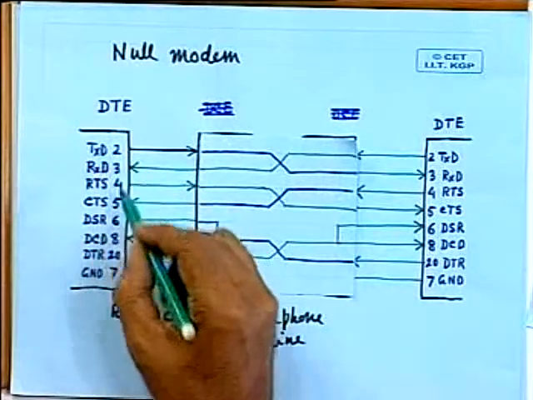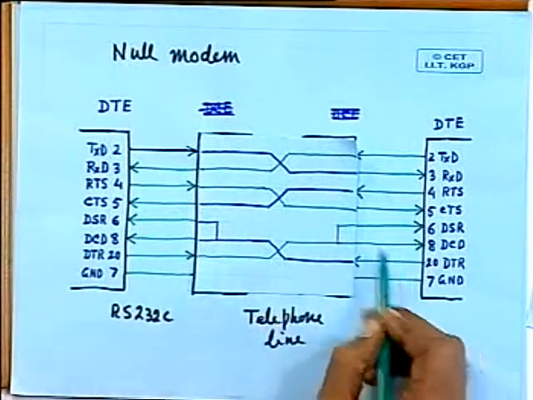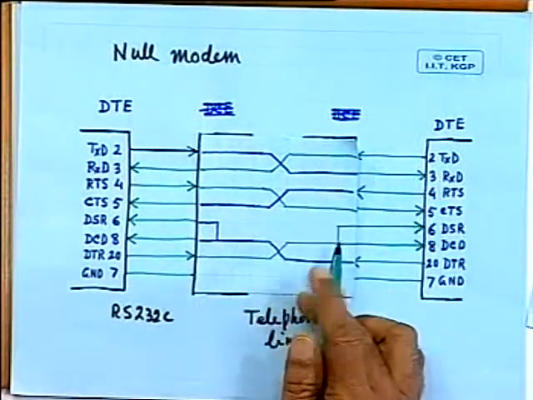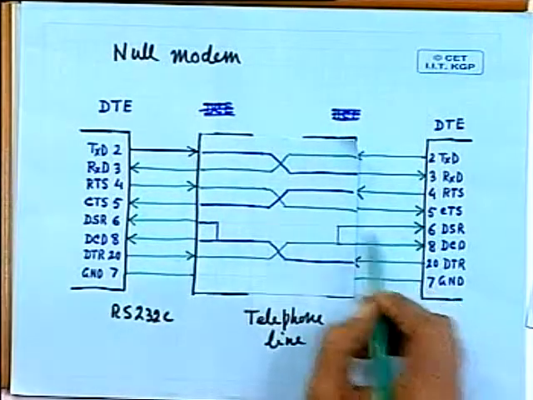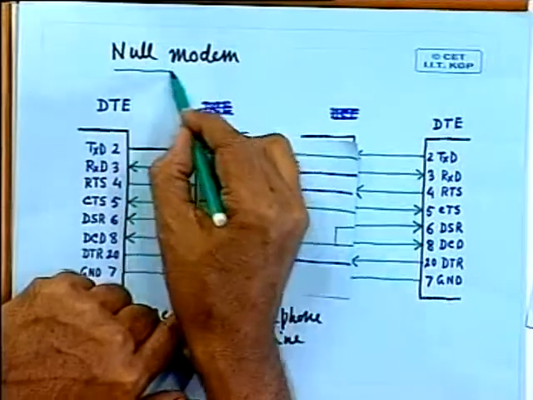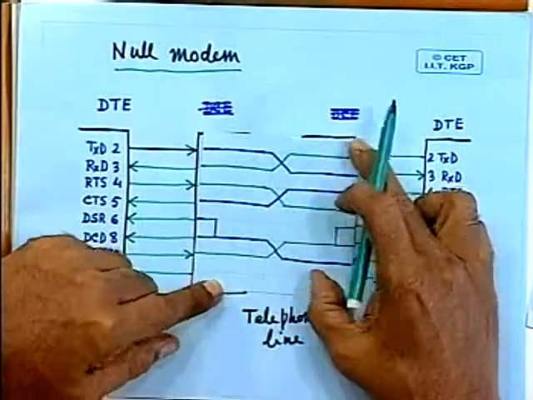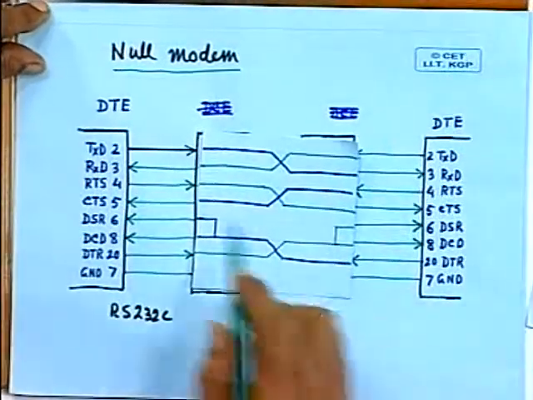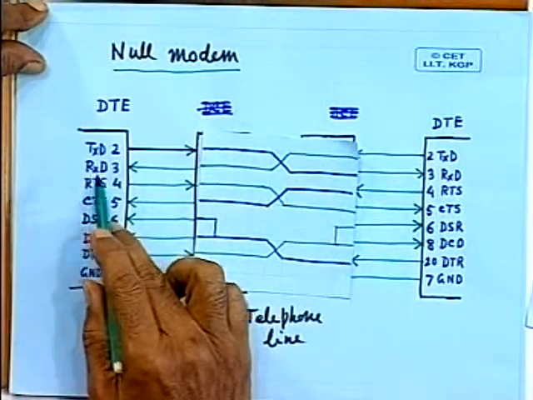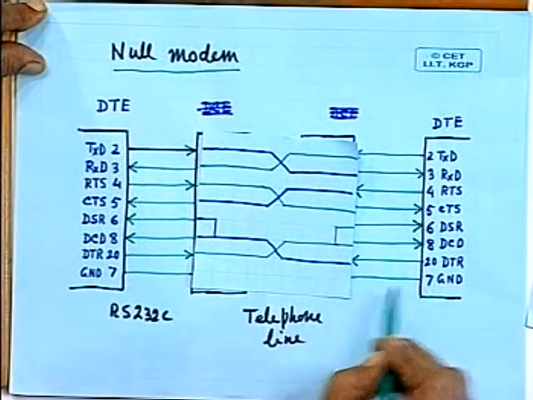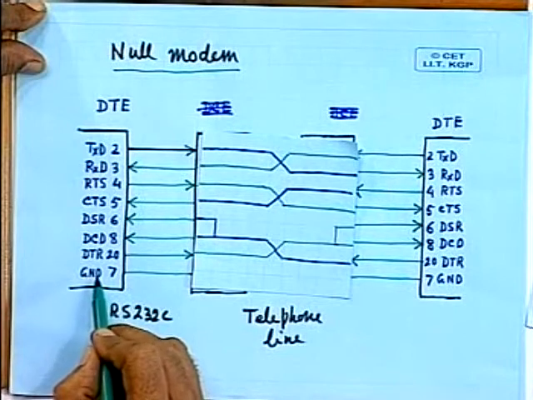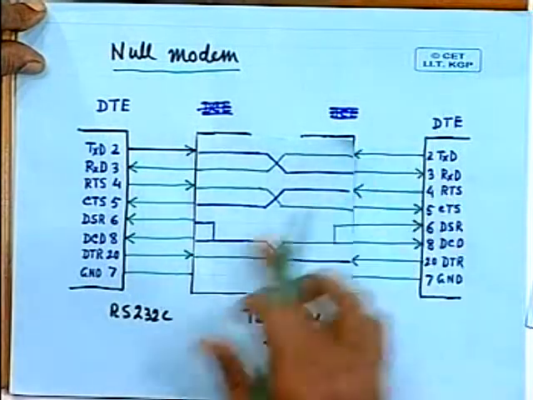So the absence of the modem is not detected by these DTEs, but they can communicate without the modem. That's why this simple cable-connector combination is known as null modem, and it is a very useful device. You can see here the RS-232C can be used to connect two computers. Not only can it be used to connect a computer and a modem, but two computers can also be connected.